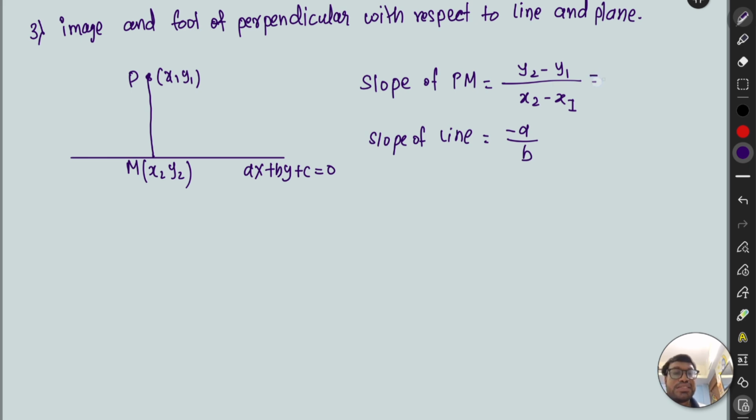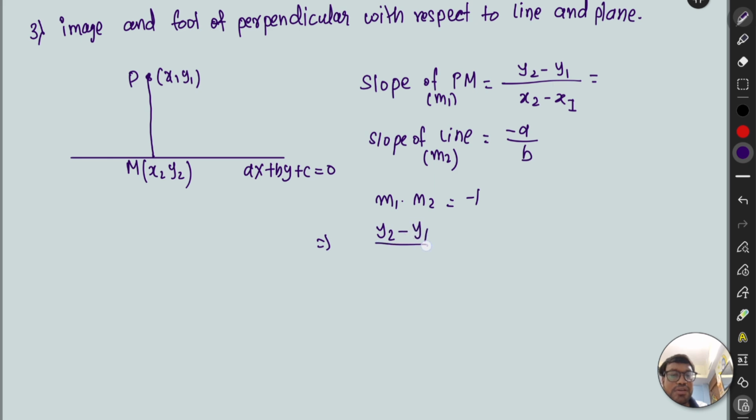Let's say this is m1 and this is m2. So m1 m2 will be minus 1, as these two lines are perpendicular and the product of their slopes will be minus 1.